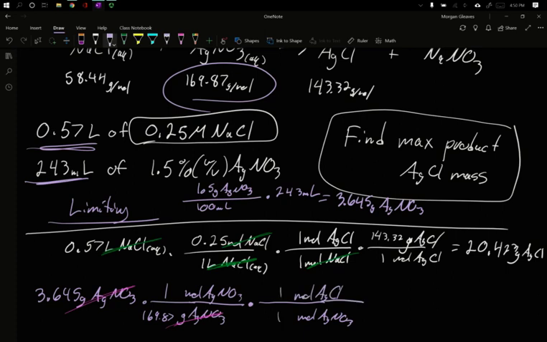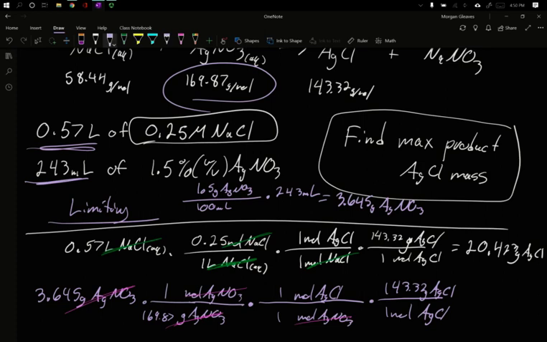The balanced reaction still said it was 1-to-1. And so I can get out of my moles of the silver nitrate starting material and say, hey, whatever number that was, it's the exact same number of my product, silver chloride. And again, I need to get out of mole of silver chloride and into mass, because the problem asks us for the mass of the product.